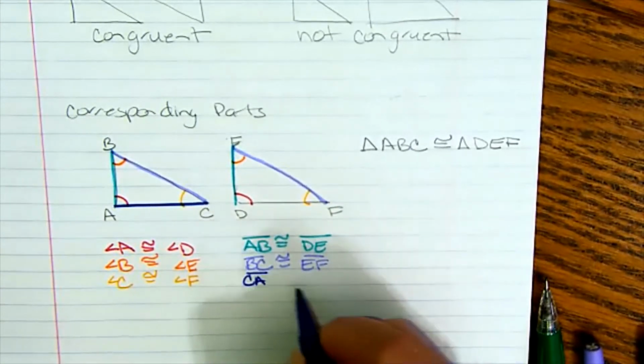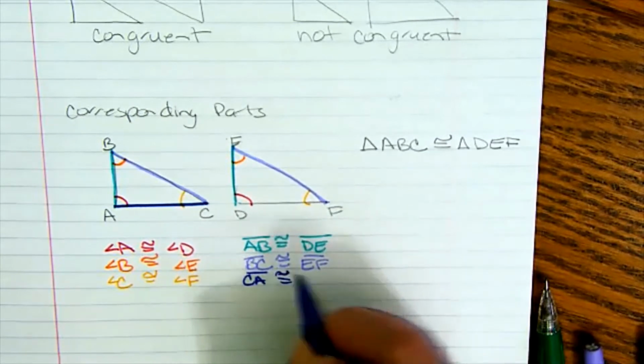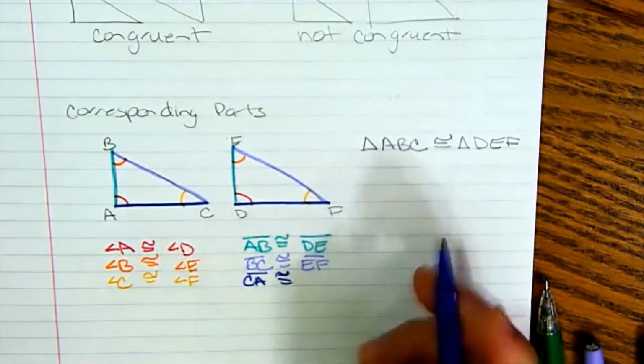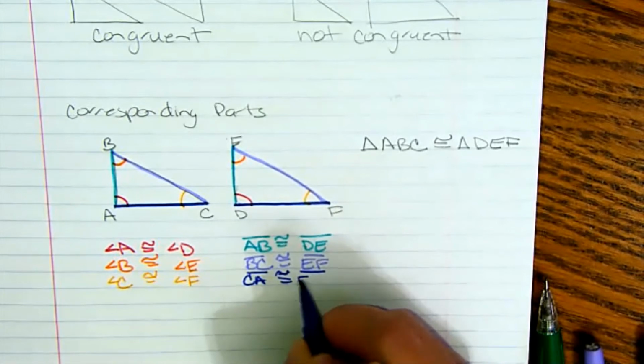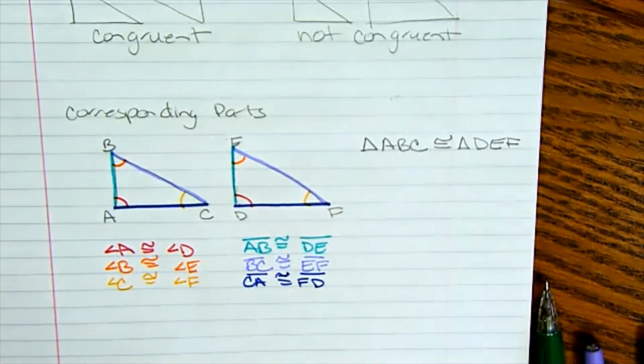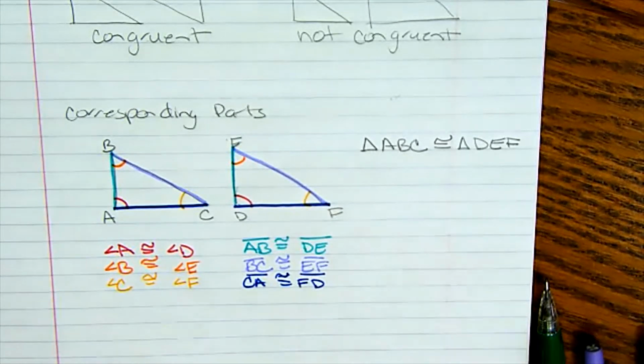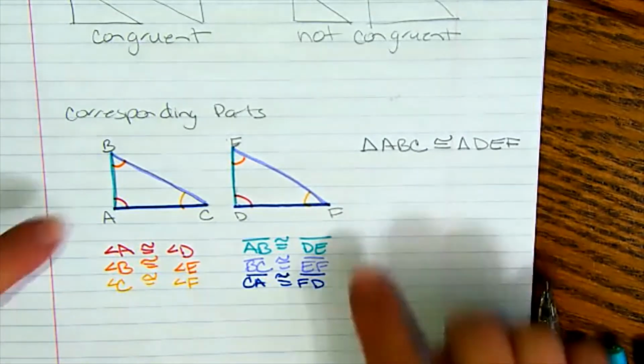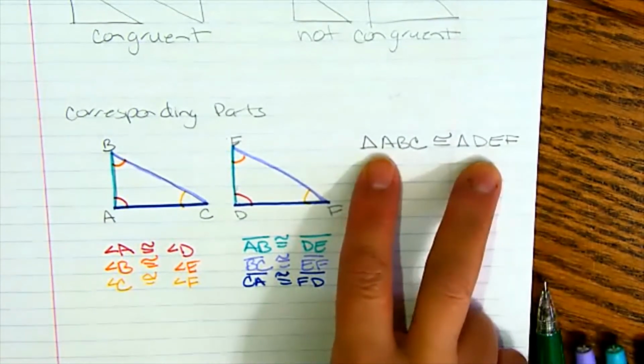Then side CA is congruent to side FD. So we have two congruent triangles.